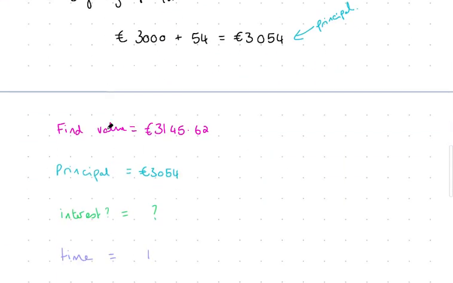So that means that we have to first figure out what was the interest earned from here to here. So I'm going to have to figure out the interest. So that was going to be 3145.62 because that's what he gets at the end of year 2.